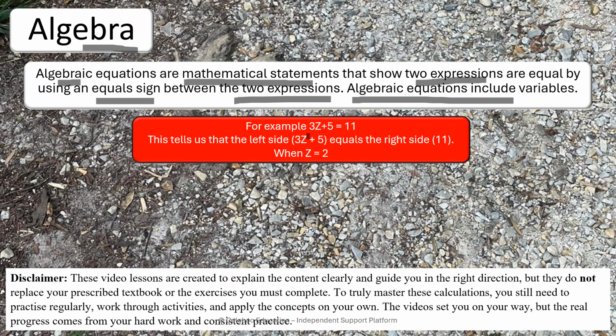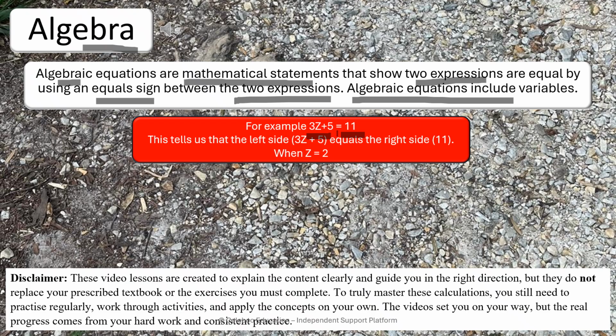You've got 3z plus 5 is equal to 11. So on the left-hand side of the equal sign, you have an expression, a mathematical expression. On the right-hand side, 11 is also a mathematical expression. And what makes it an equation is the equal sign in between the two expressions.